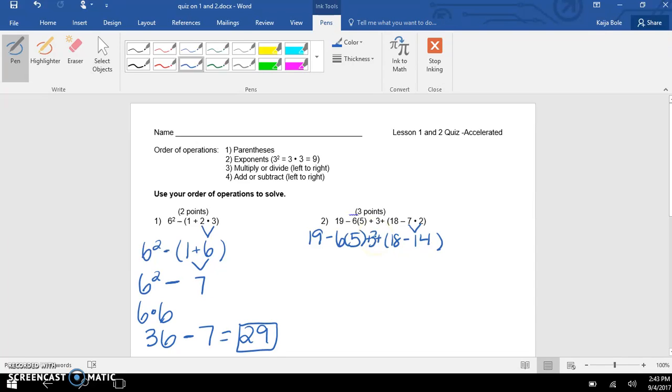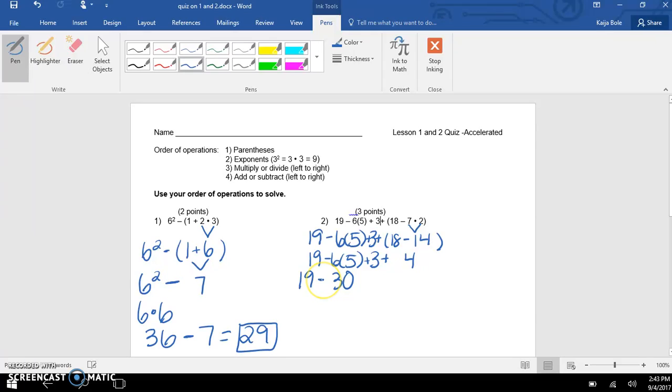We've got 18 minus 14, which is 4. Bring everything else down that we haven't used. And again, you can drop those extra parentheses because of this addition sign here. But now, before we can add or subtract, we do need to do 6 times 5, which is 30. And we're going to bring everything else down here.